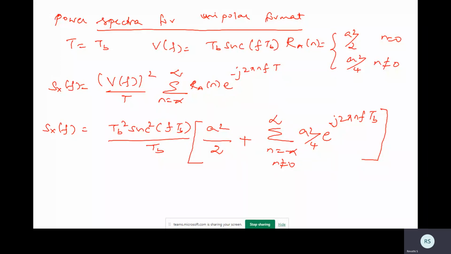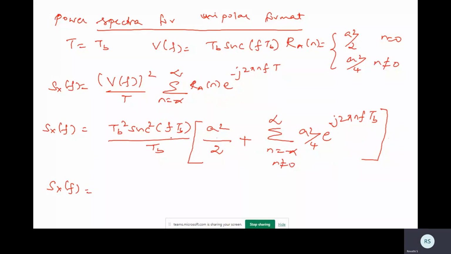So what we will do is we will add n equal to 0. If you put n equal to 0 in this format, what you will get? You will get e power 0 a square by 4. So the next step, you can add a square by 4 and also subtract a square by 4. So you add and subtract a square by 4 here. Therefore, what you will get, I'll write it here, Sx of f.